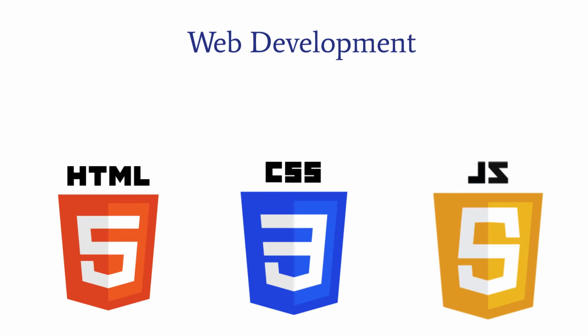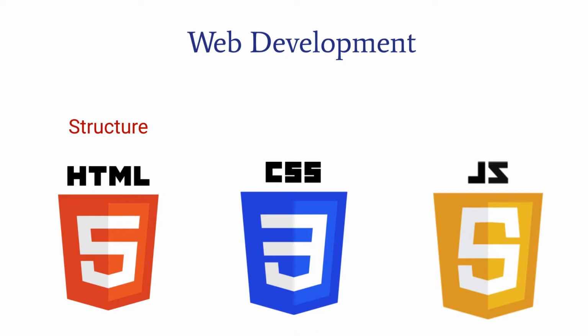So let's get into the first topic, web development. As you might have heard from somewhere before, HTML, CSS, and JavaScript are basically the three parts that make up web development. HTML provides the structure of a web page.